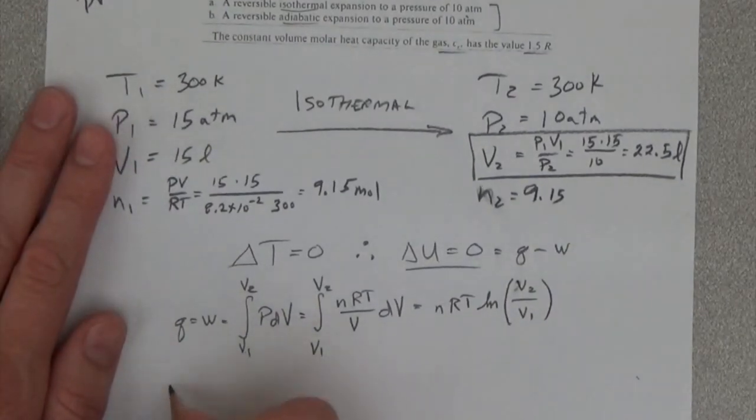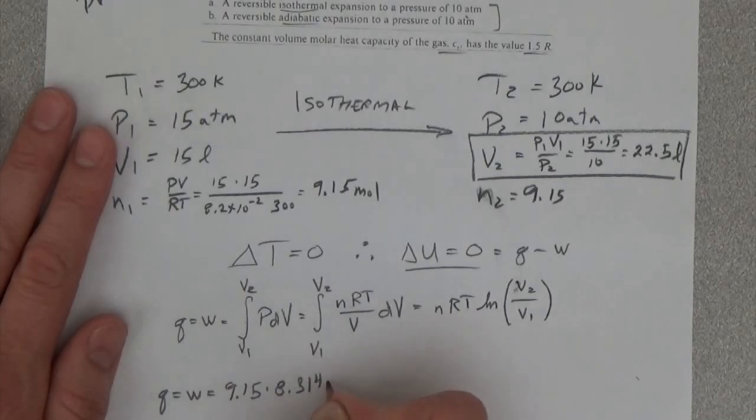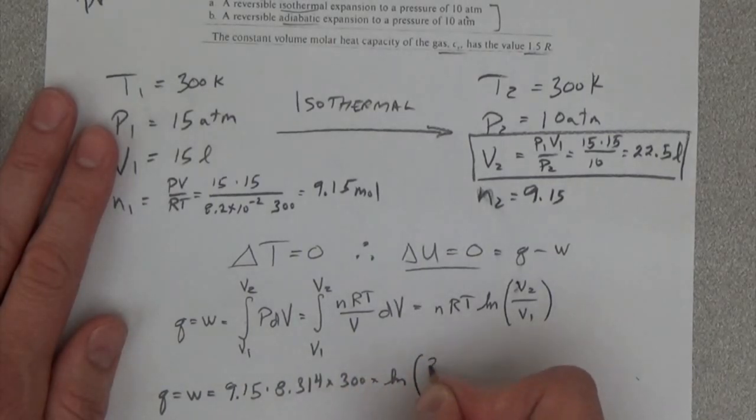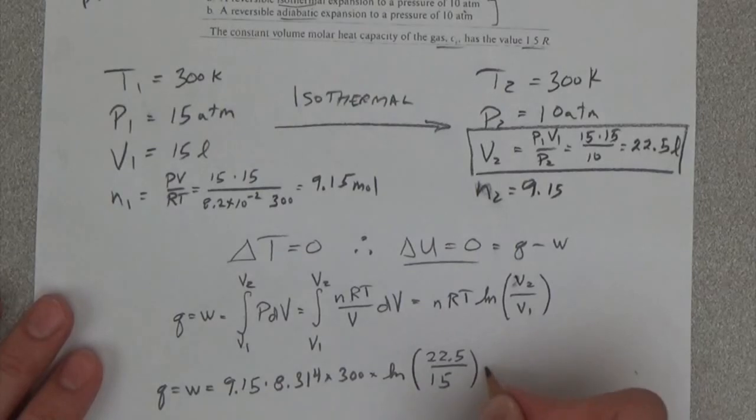which in our case, Q equals W is equal to 9.15 times 8.314 times 300 times log of 22.5 divided by 15, which is equal to 9253 joule.